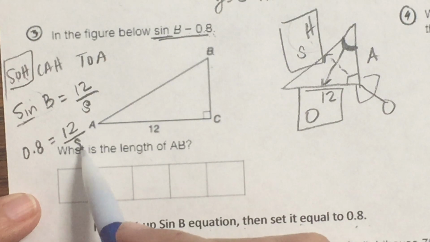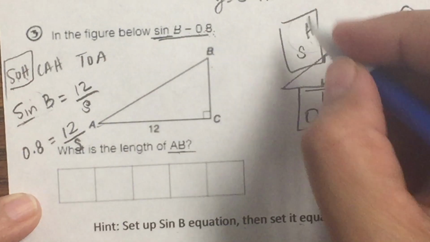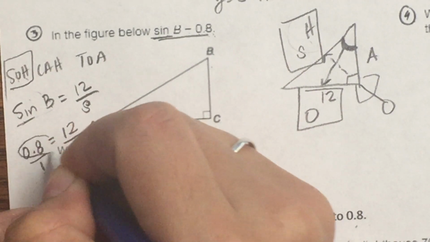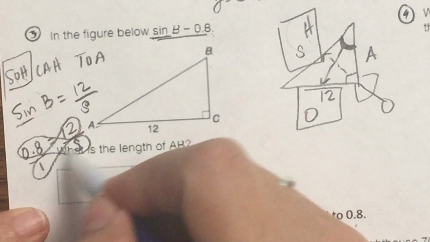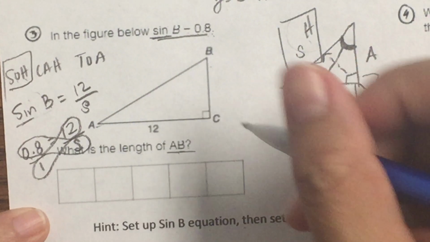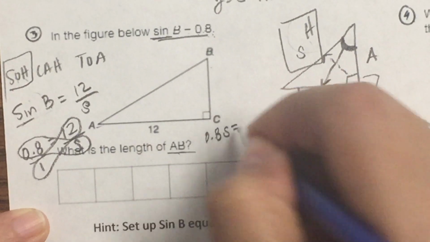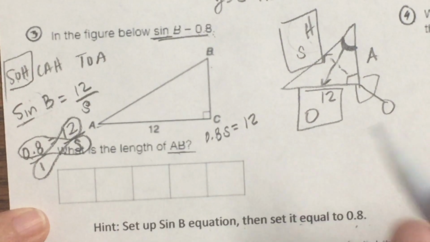So now we solve for s because they're asking what's the length of AB? AB, which is the s we're looking for. So again, put a 1 over, cross multiply and divide. So s times 0.8, which is 0.8s, equals 1 times 12, which is 12. Is the variable by itself? No, so I need to divide.